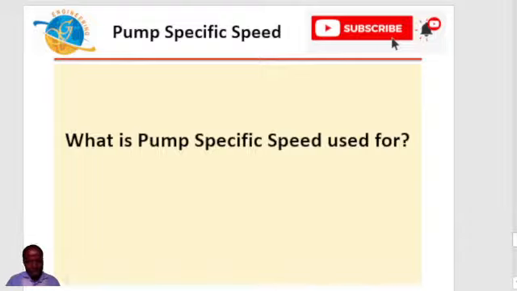That is where so many engineers get it wrong. And not only that, you have to be able to relate the information provided by the vendor on the datasheet to what is stated in API 610 basic design requirements. Is it in line with what is stated in API 610?